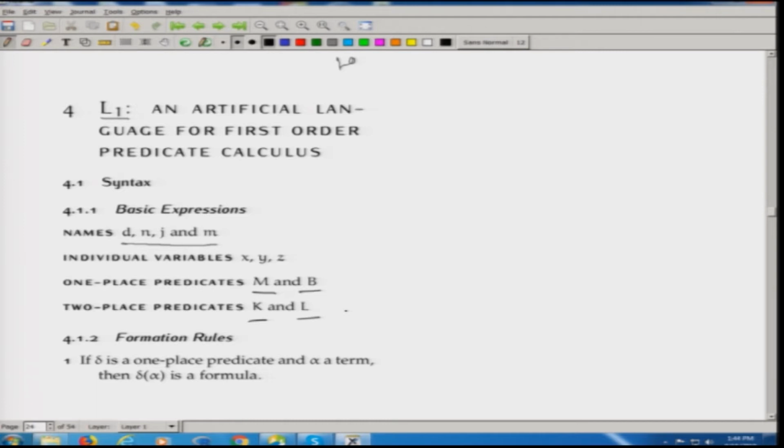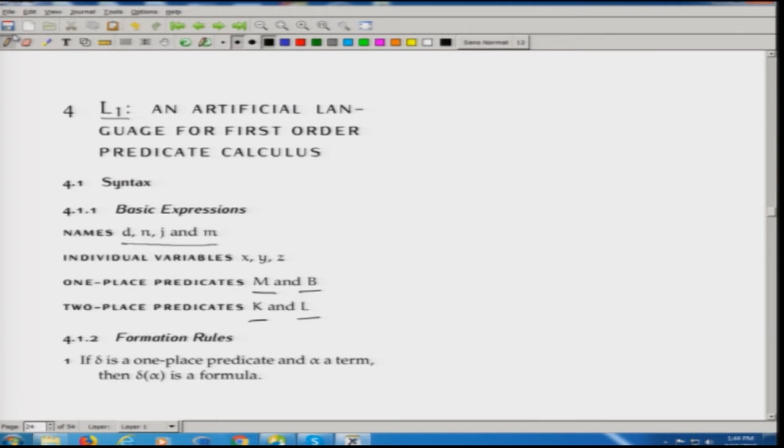The syntactic rules are now our main concern. Then we will see their semantic counterparts. The first formation rule is: if delta is a one-place predicate and alpha a term, then delta alpha is a formula, that is, delta alpha is a licensed construction.